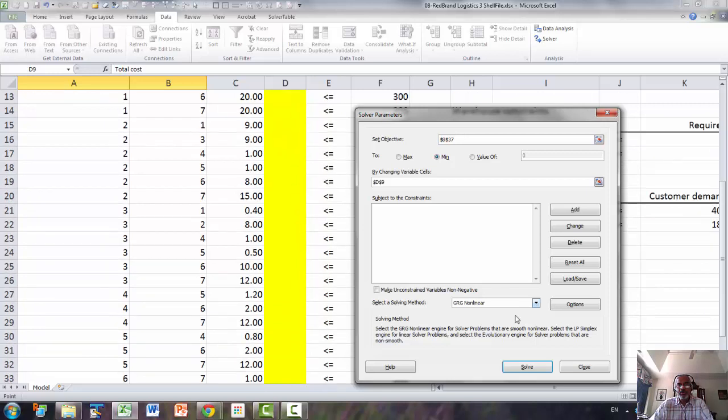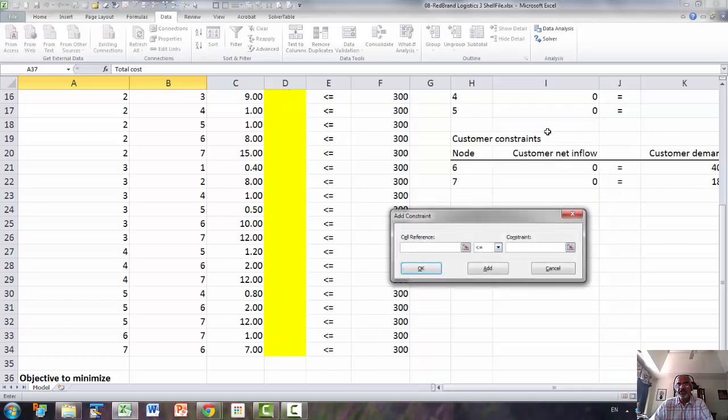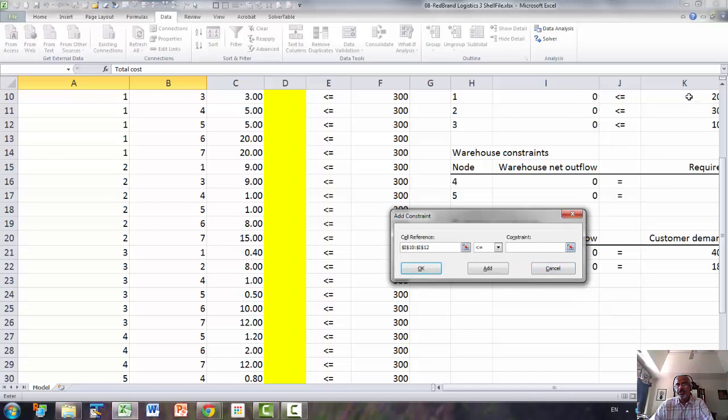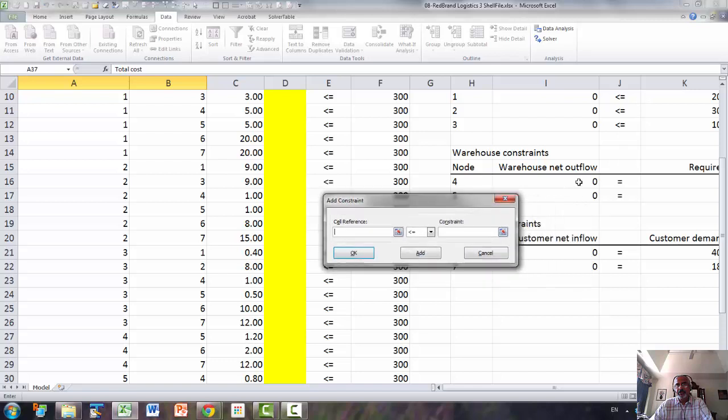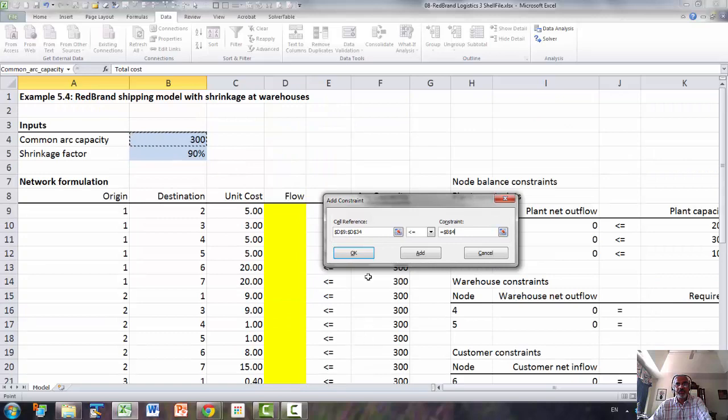Flow, and then the constraints are net outflow for origins, net flow for warehouse adjusted for shrinkage should be 0, and net inflow for customers should be equal to customer demand. And then finally, of course, we have the arc capacity constraint, which is that one.